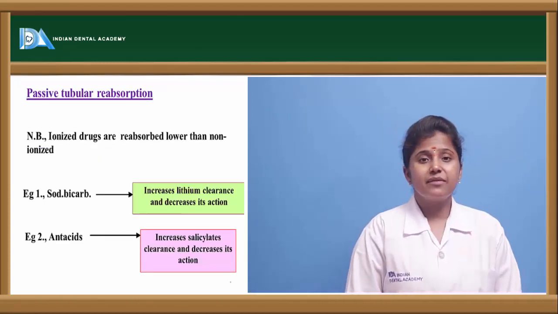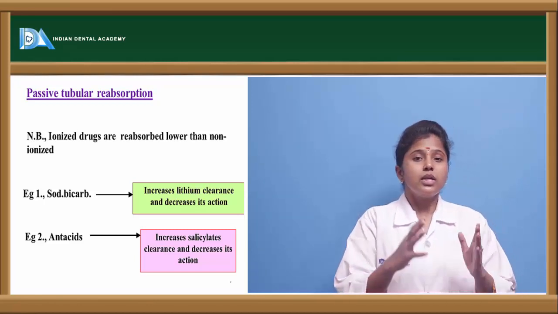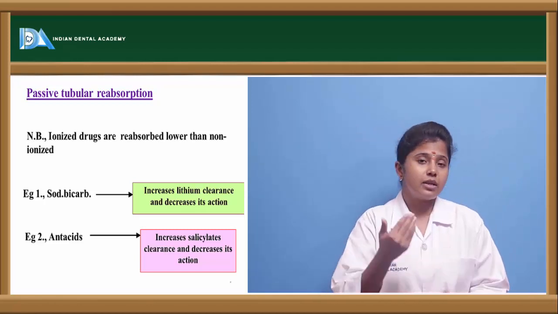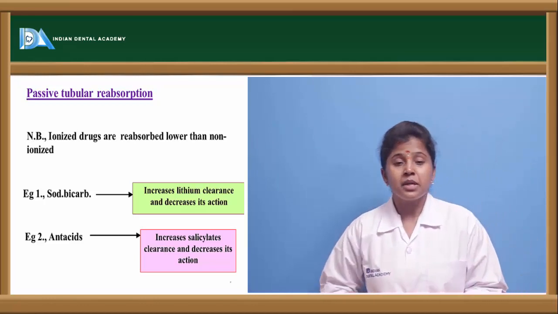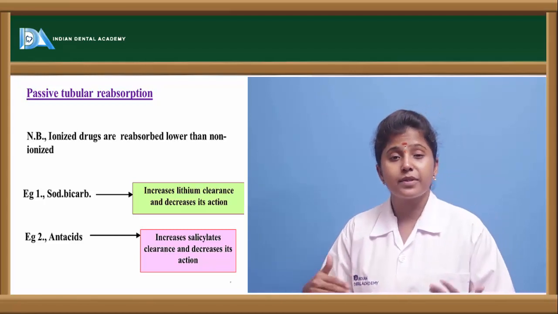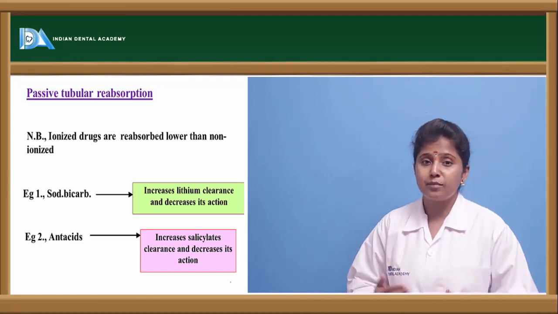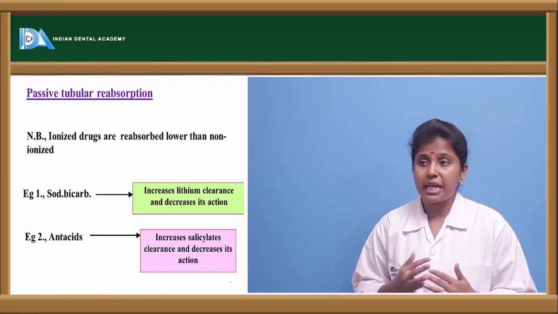The other one is passive tubular reabsorption. Here, non-ionized drugs get reabsorbed, whereas ionized drugs won't get reabsorbed very easily. When compared to ionized drugs, non-ionized drugs or non-bound drugs, which are not bound to the plasma proteins, get reabsorbed very easily. So even the reabsorption capacity of drugs can be altered.